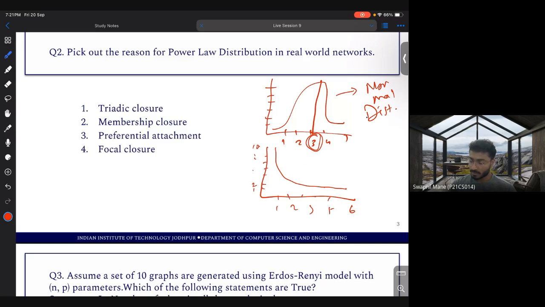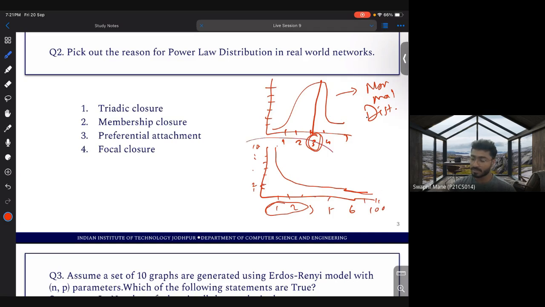So here you can see there is a high number of nodes which have lower degrees. These are the very low degrees. And there are a few nodes which have higher degrees.